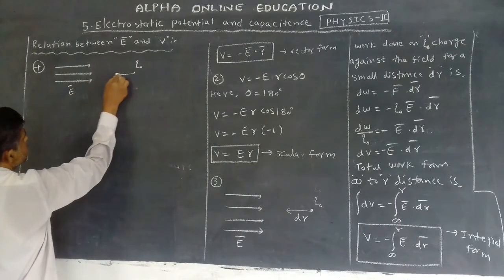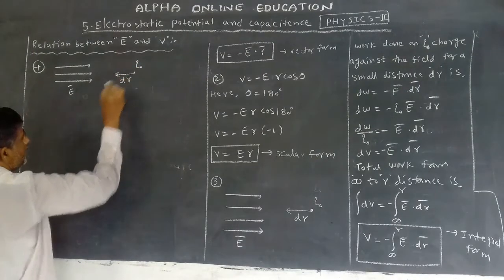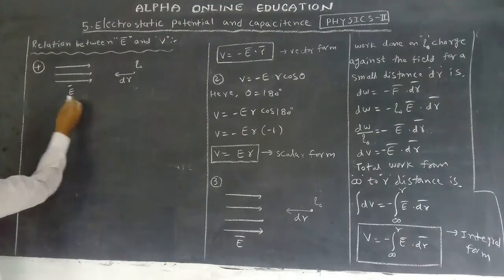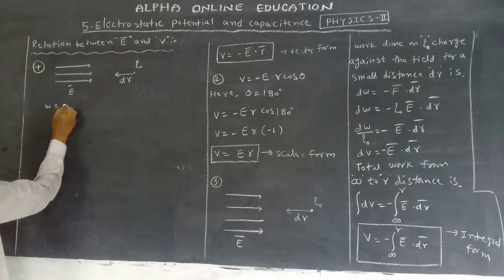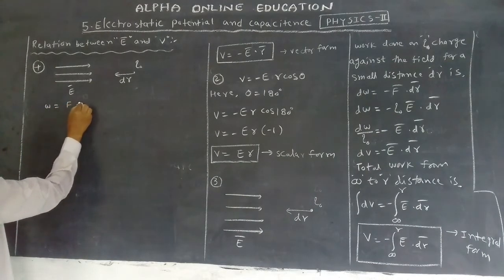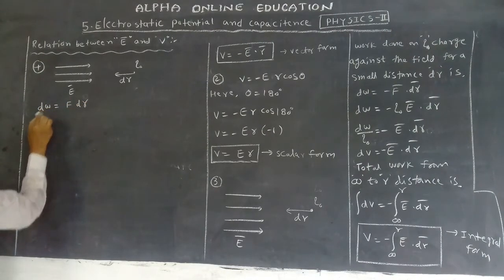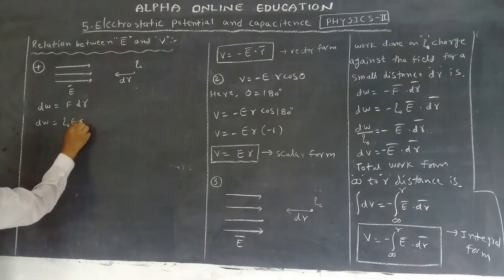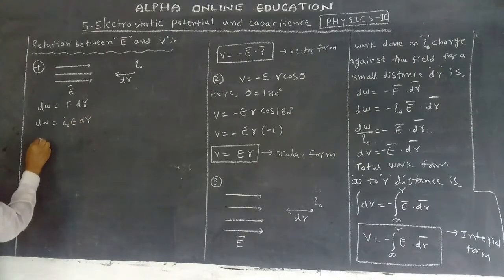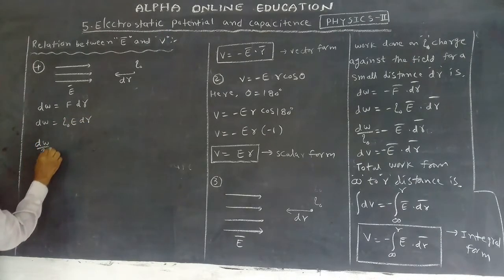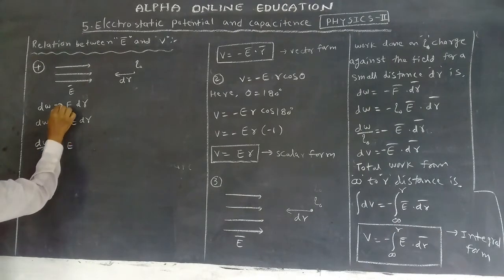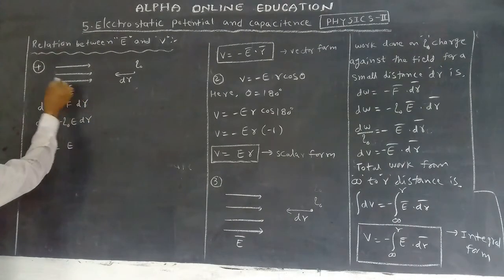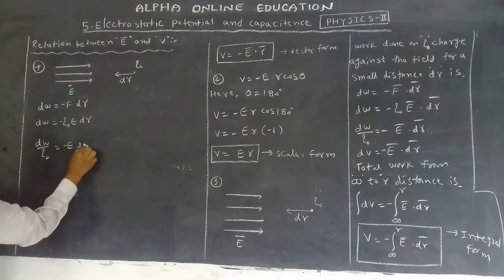We shift it again by a distance dr. We know that work is a function of force into displacement, but the displacement is small. That's why the work is also small. Now dW is equal to, what is the force? Q0 E into dr. Now dW by Q0 is equal to E into minus, because against the field, minus E dr.